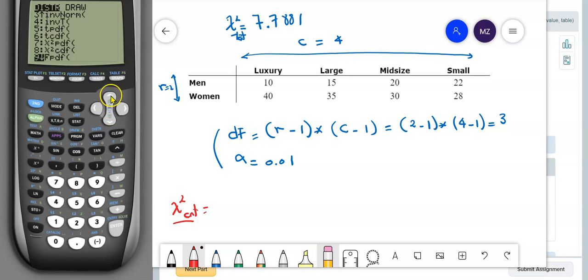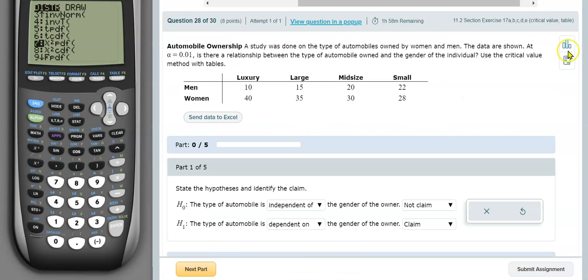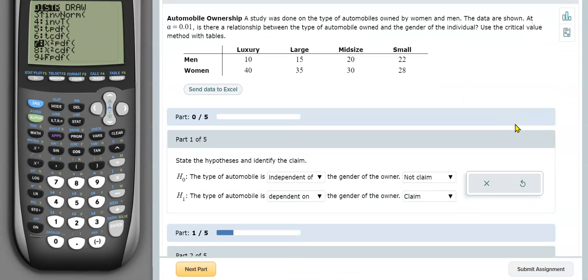Oh, I don't have a chi-squared inverse. So for chi-squared, the easiest way to do it is to use the table. In that case, you have to go and use your table.